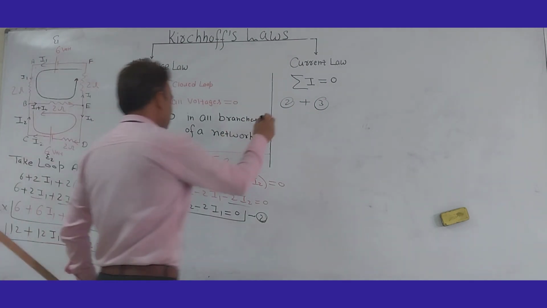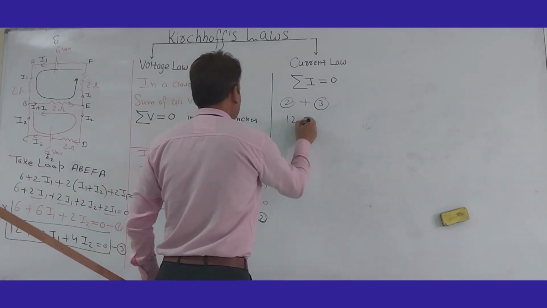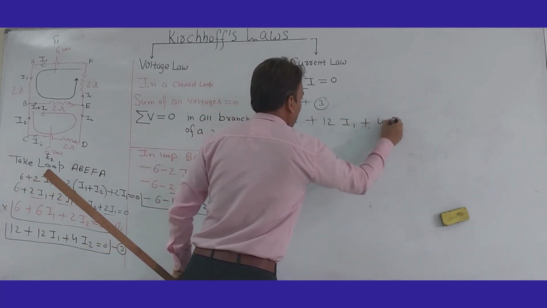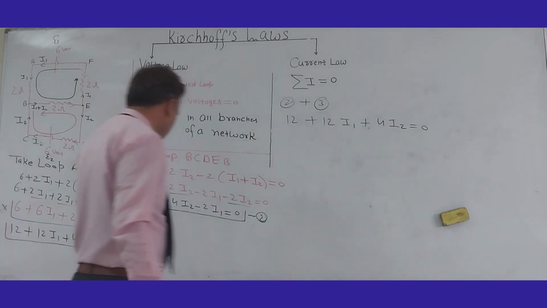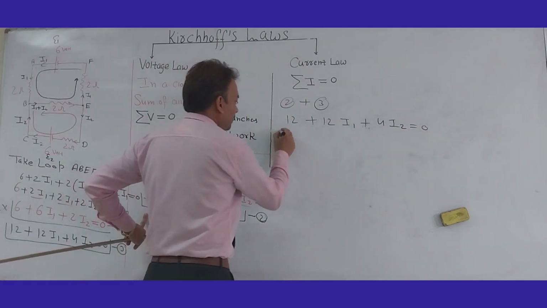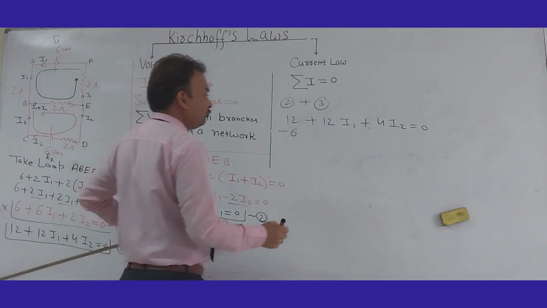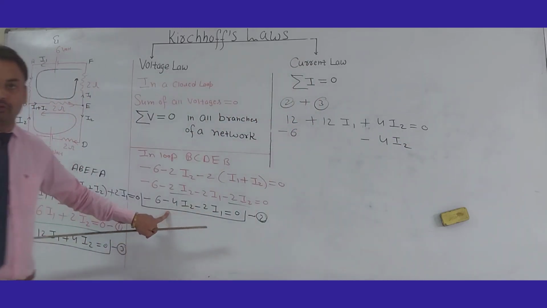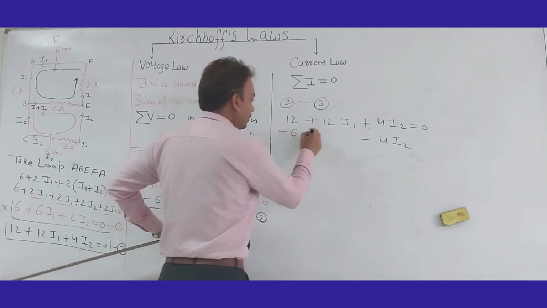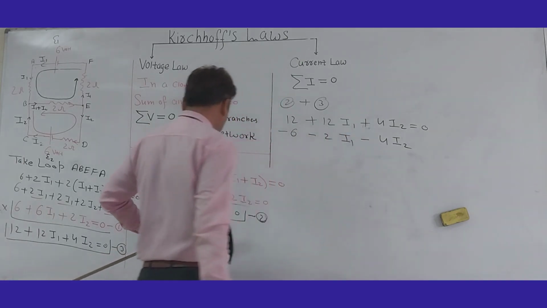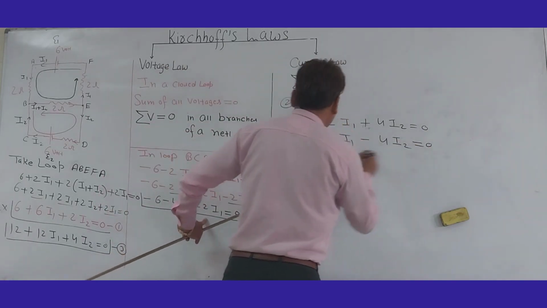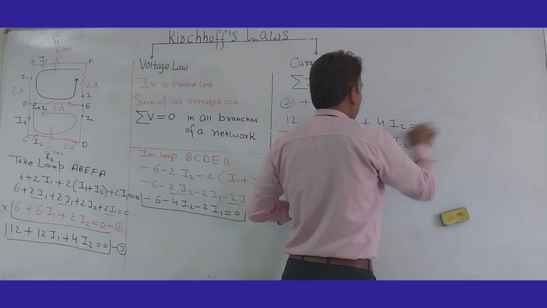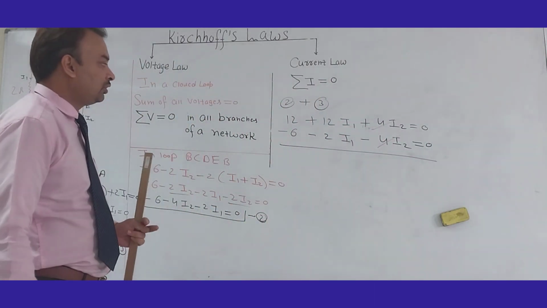Equation 3 is 12 I1 plus 4I2 equal to 0, and equation 2 is minus 6 minus 4I2 minus 2I1 equal to 0. Just take the sum of these two. Minus 4I2 and plus 4I2 will be cancelled.